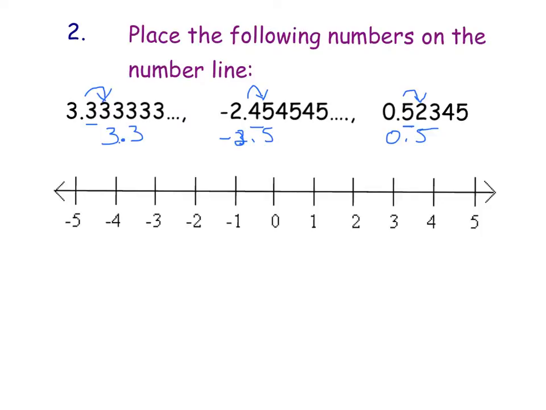And now I can place these numbers easily. 3.3. Here's 3. You know that halfway in between is a 0.5, so it's going to be a little bit less than that. So it's going to be about right here. So again, you're approximating, but what I'm going to be looking for is is it in the right spot compared to the whole numbers and that halfway mark.